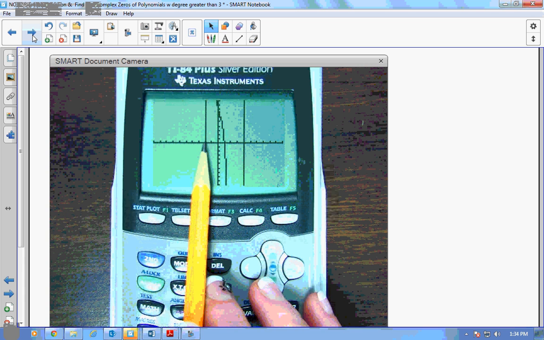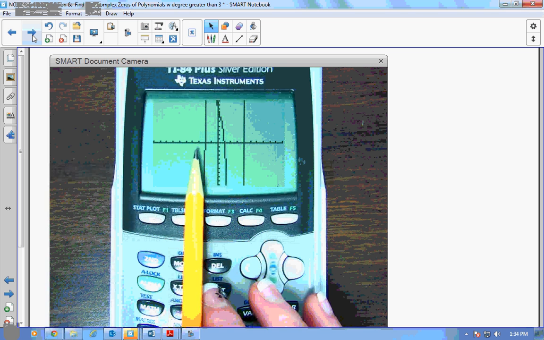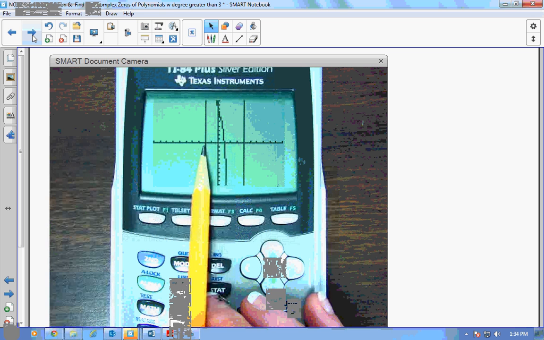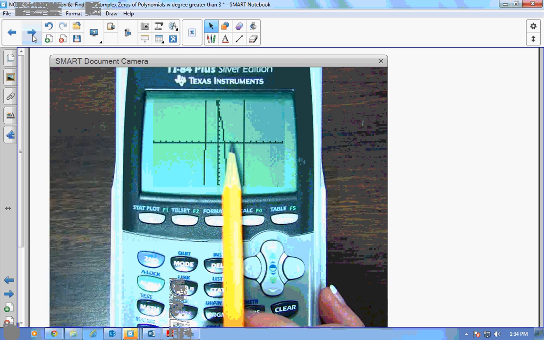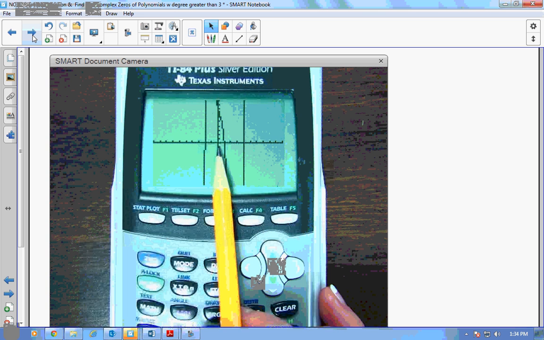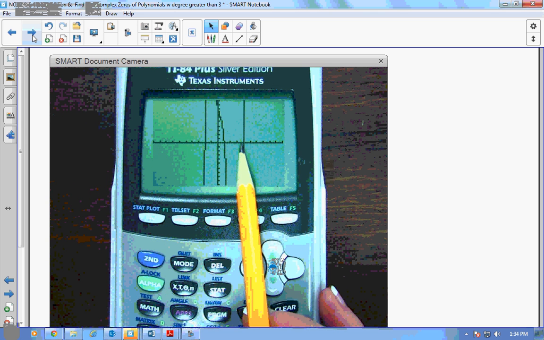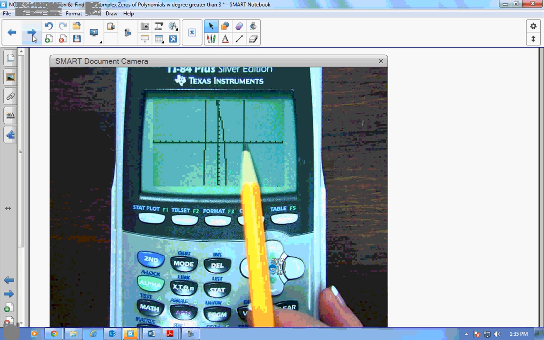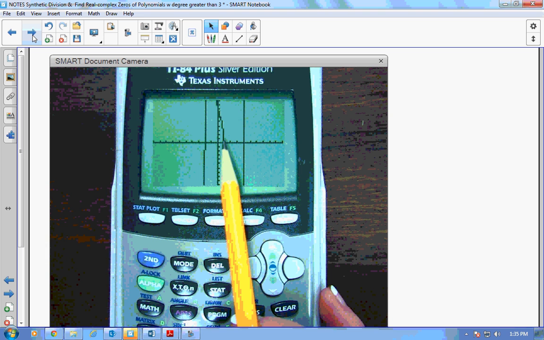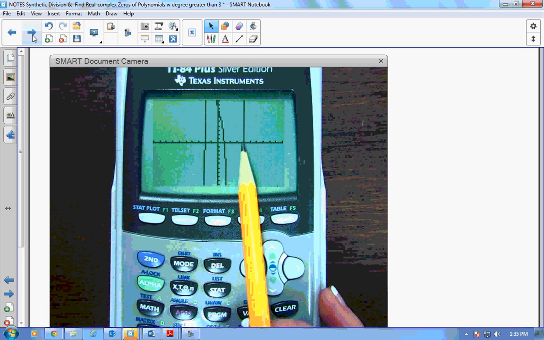Okay, so would you guys write that down on your paper? This is one we're going to try. These are possible solutions. X equals -2 is a possible solution. Cindy, what's this possible solution right here? X equals 1 looks like a possible solution. And Kyler, what about this one out here? X equals 4. Write those on your notes, please. We're going to try -2, we're going to try 1, and we're going to try 4.